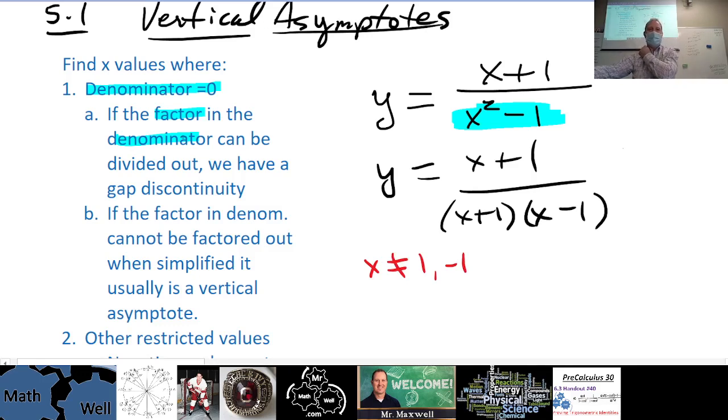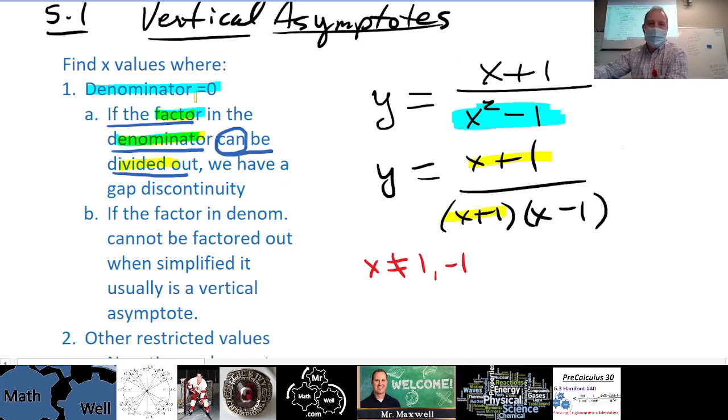All right, so here's a question you want to ask yourself. You want to make this part of your notes. So if we have a factor in the denominator that can be divided out. Okay, so we look at this. Once we've factored everything, I see that I have this factor of x plus 1 that can be divided out of this ratio, right? So that would be a factor in the denominator that can be divided out.